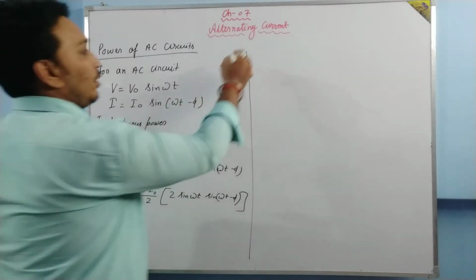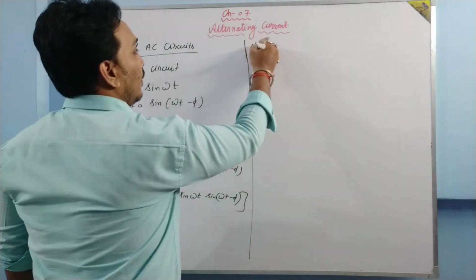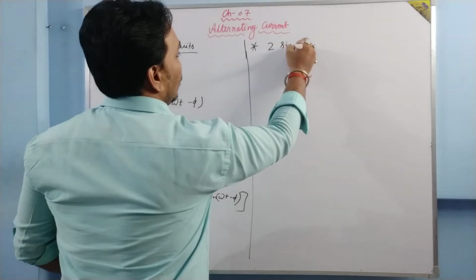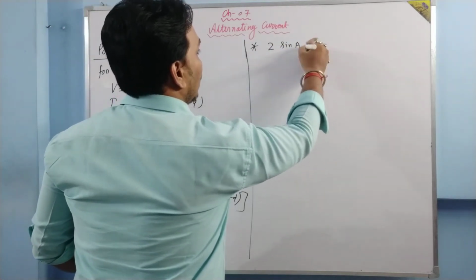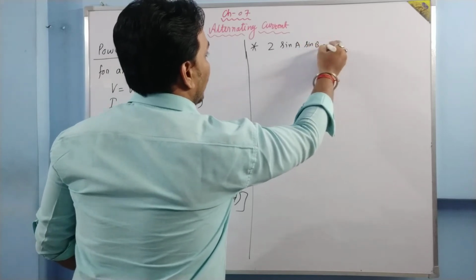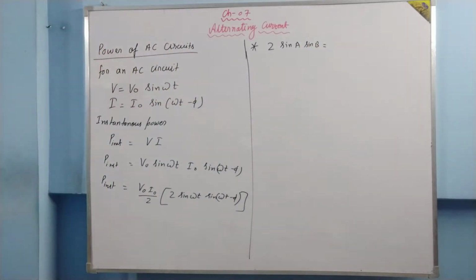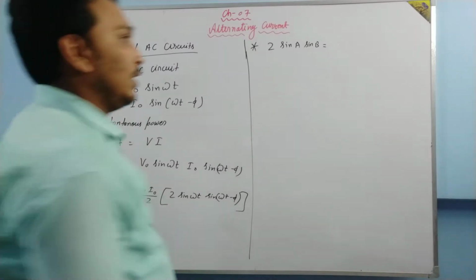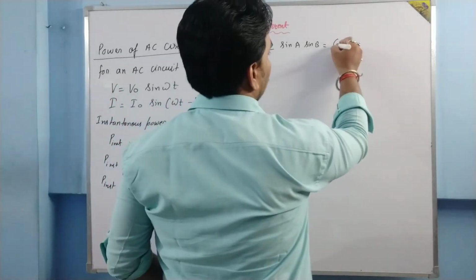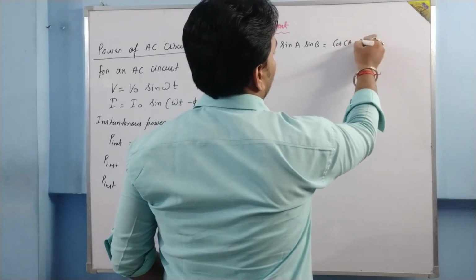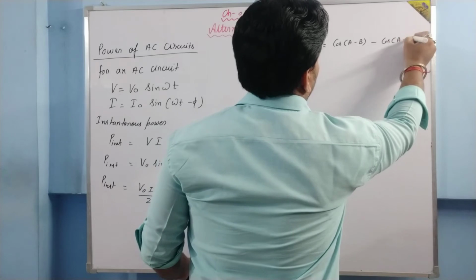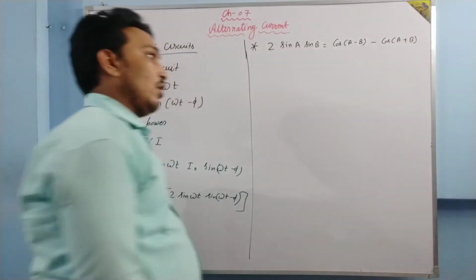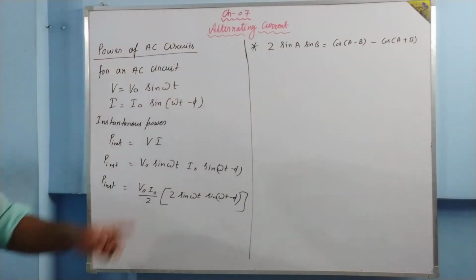Now I am going to use a trigonometric identity: 2 sine A sine B is equal to cos A minus B minus cos A plus B. So let us apply this formula.